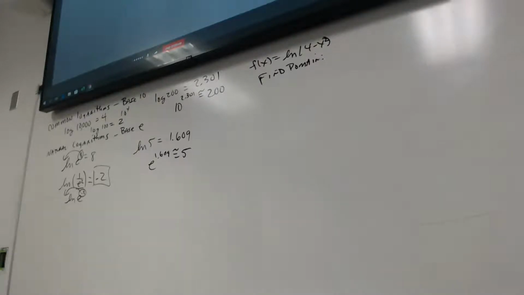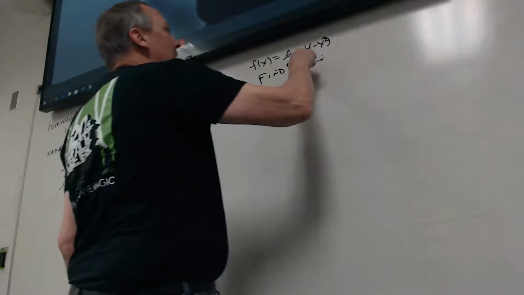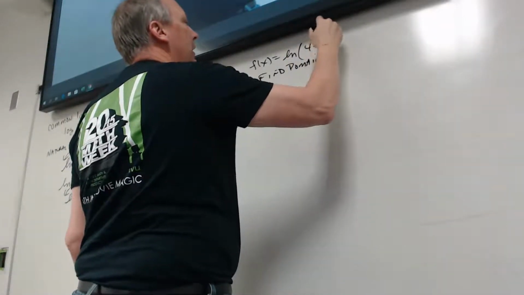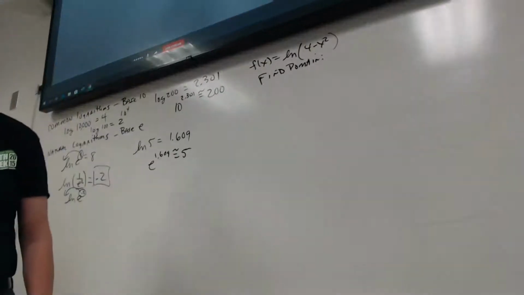And I want you all to ace it. Sorry, those are parentheses. The ln of (4 minus x squared). I'll write it better. And I want you to find the domain.